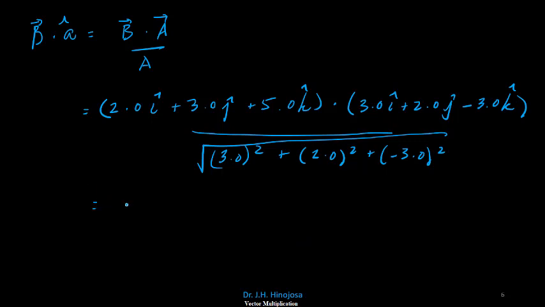So here we have, if we only keep one significant figure for clarity, we got 2 times 3, we're multiplying this times this. Remember, i dot i is 1, i dot j is 0, i dot k is 0. So only i dot i, j dot j, and k dot k remain.